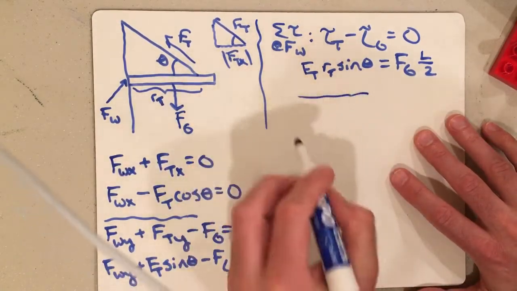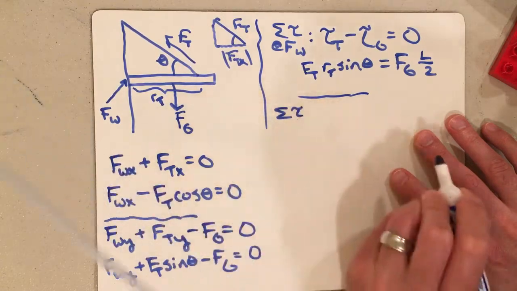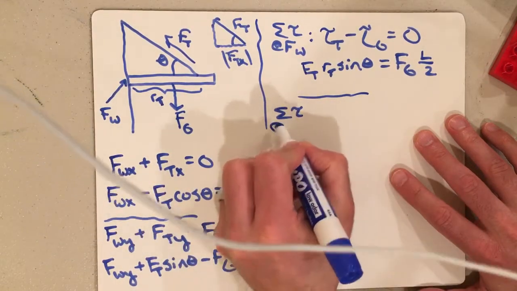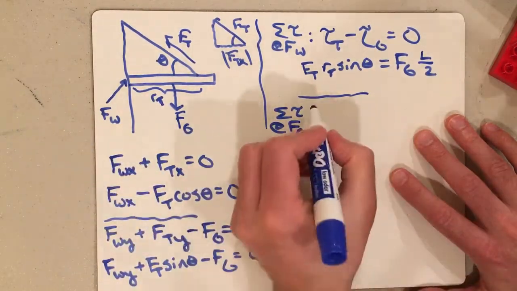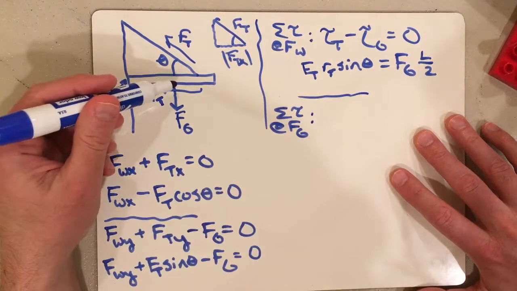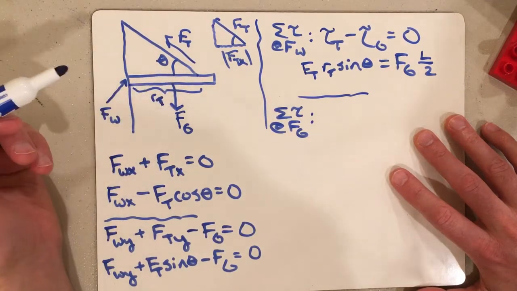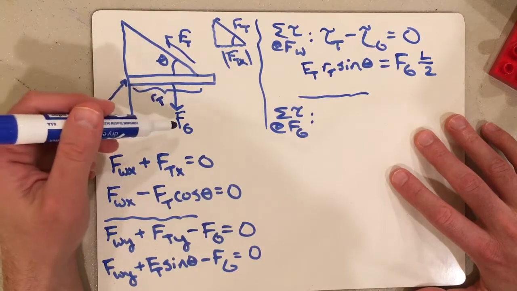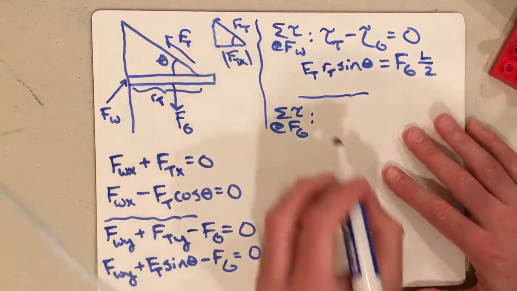All right, let's set up another one. Sum of the torque, let's do at F_g. I'm just going to move down the line here. If this is my rotational axis, now F_g is not going to create a torque because, again, its lever would be 0. It's acting right at the rotational axis. So only F_w and F_t are creating torques.